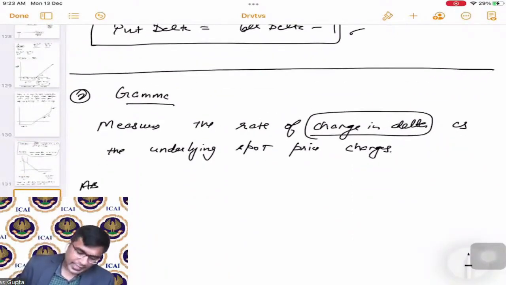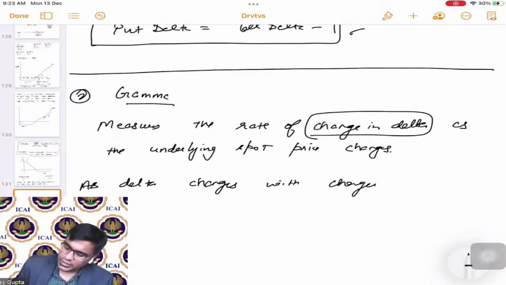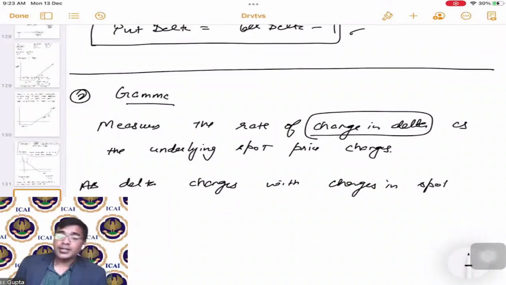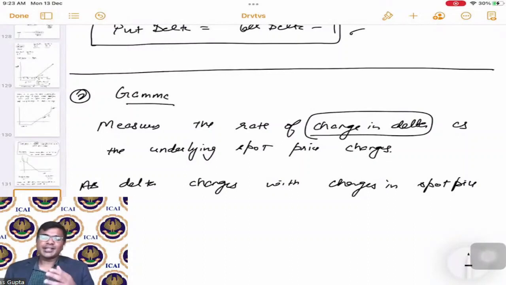We can write that as delta changes with changes in spot price. So even the delta changes with the changes in spot price, correct? Because if it is out of the money, it will be 0. If it is in the money, it will become 1. If it is at the money, it will be slightly 0.5, correct?